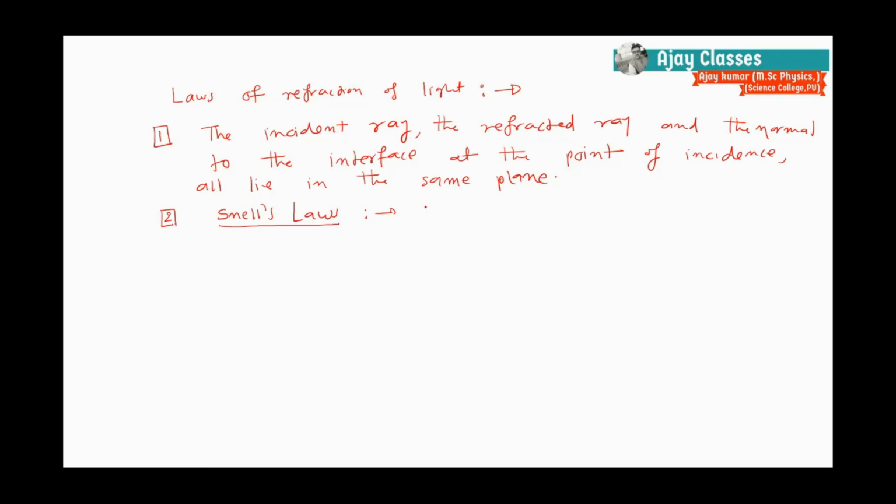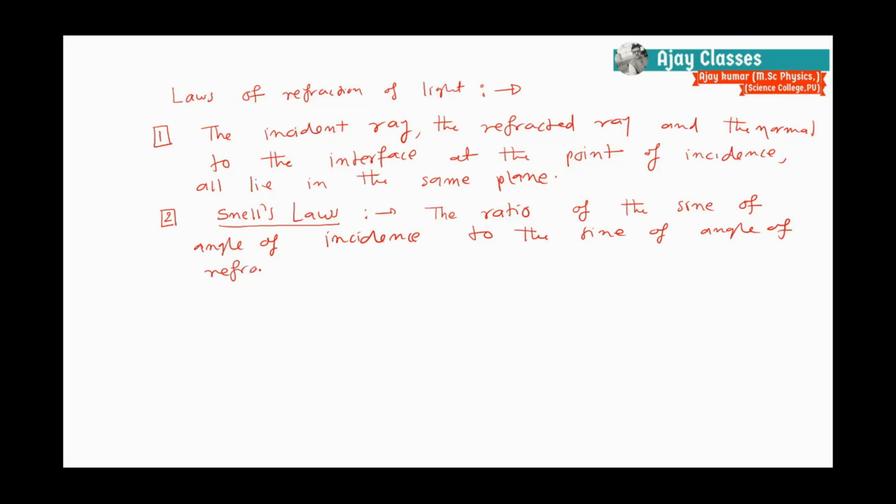The statement is that the ratio of the sine of the angle of incidence to the sine of the angle of refraction is a constant called the refractive index.